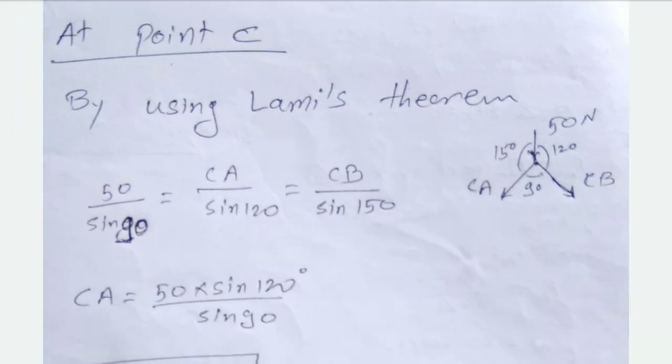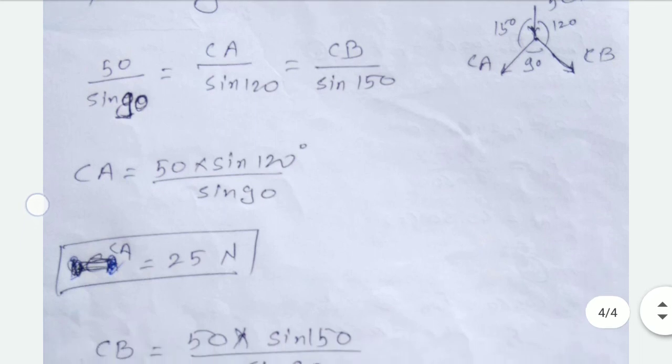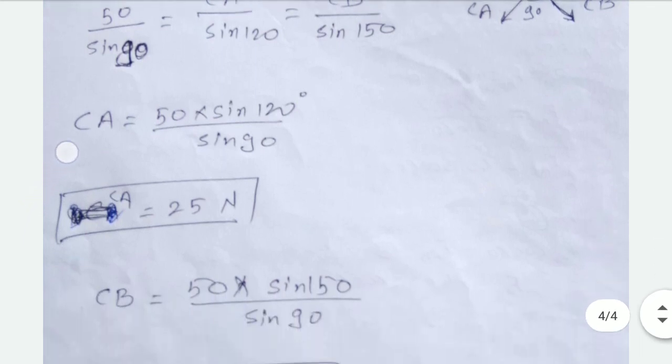By using Lami's theorem, with opposite angles: 50 divided by sin 90, which is the opposite angle, is equal to CA upon sin 120, and likewise CB upon sin 150. Since only one unknown is there, CA upon sin 120 is equal to 50 upon sin 90. Rearranging, we get 50 into sin 120 divided by sin 90, so CA is equal to 25 Newton.